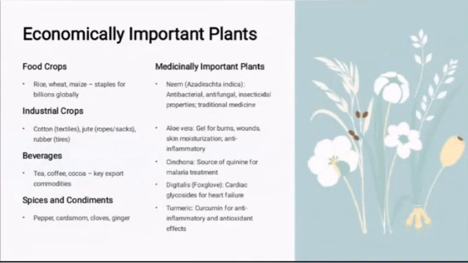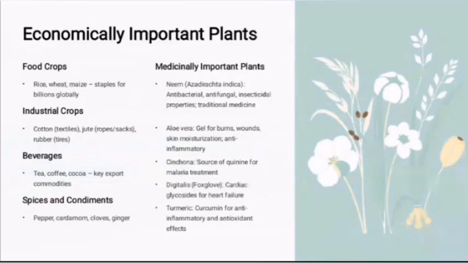Also, we have spices and condiments: your pepper, your cloves, ginger, cardamom, and also medicinally important plants. Some plants have medicinal qualities. For example, neem has antibacterial, antifungal, and insecticidal properties, and is also used for traditional medicine.